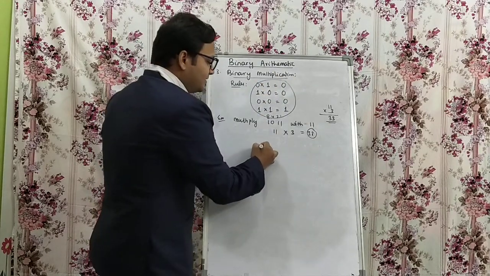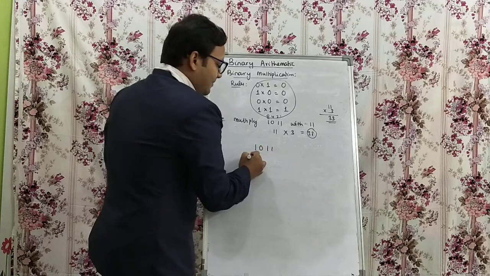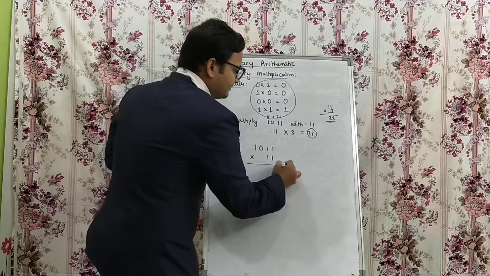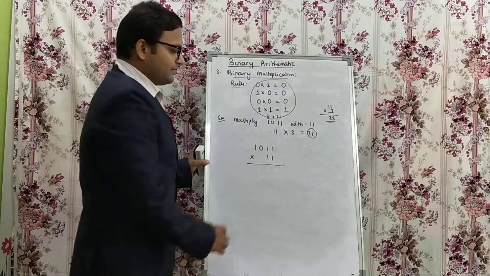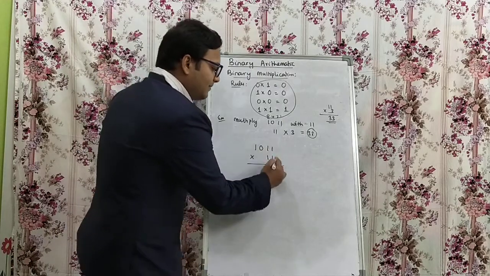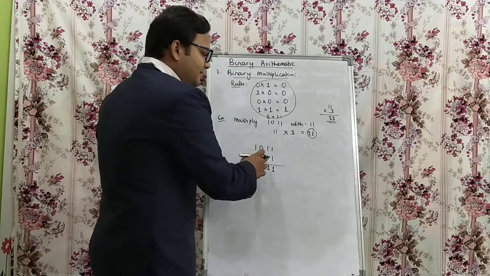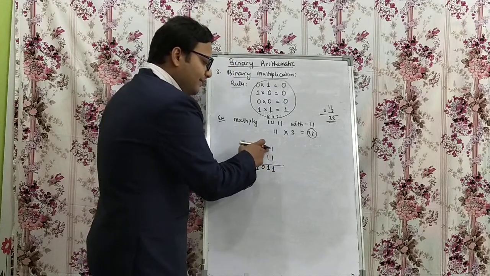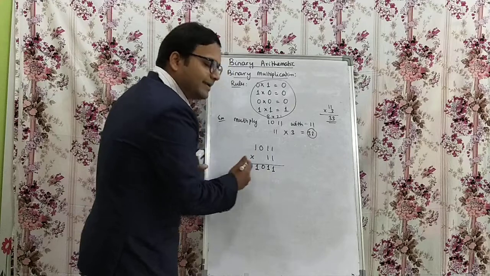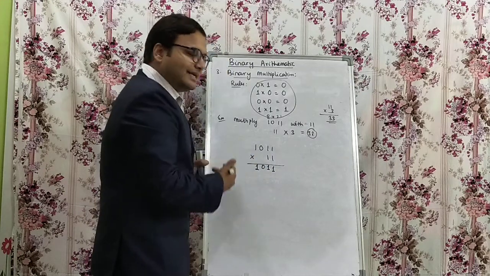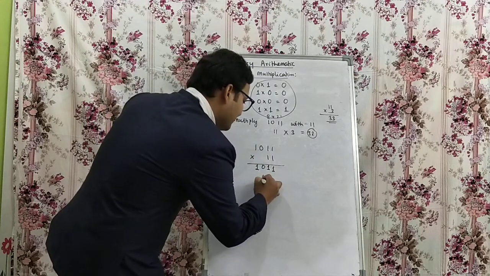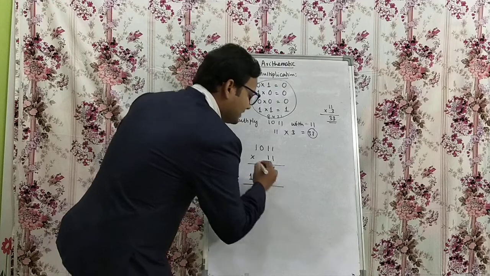Okay, see here 1, 0, 1, 1. I am multiplying with 1, 1. Okay. So first 1 multiplied with 1, it's 1, 1, 0, 1. Next 1 multiplied with this again, but you have to write by keeping one of the bits aside. So this is 1, 1, 0, 1. Next what you need to do?